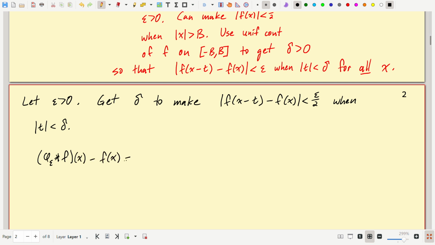And you write that integral in terms of two pieces. The piece where t goes from minus delta to plus delta, and that's where this thing, f of x minus t minus f of x, is small. So that's a good thing.